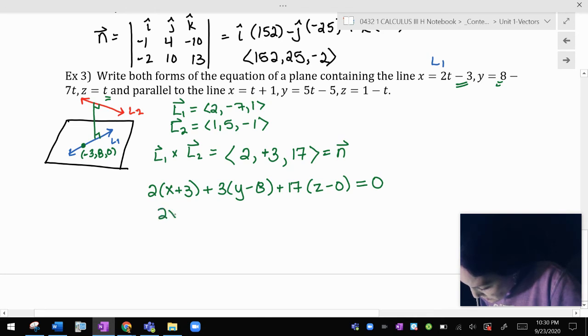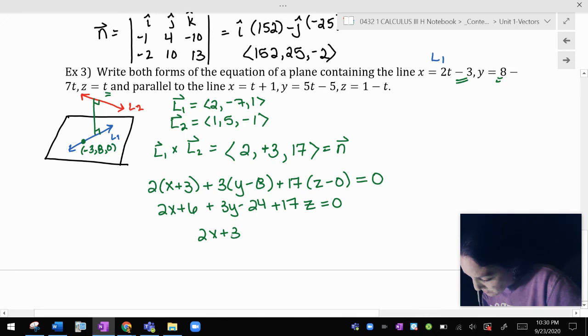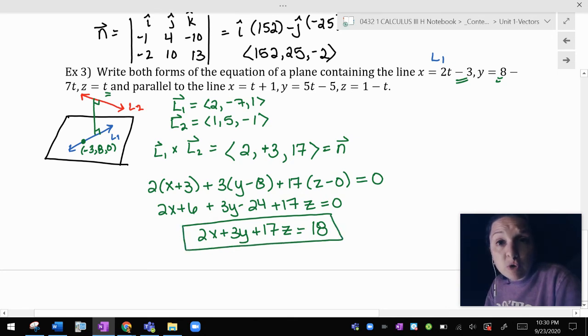So this is 2x plus 6 plus 3y minus 24 plus 17z, which is 2x plus 3y plus 17z equals, let's see, positive 6 minus 24 is negative 18, but then I'm going to add it to both sides, so I get positive 18. And that is my equation for the plane.